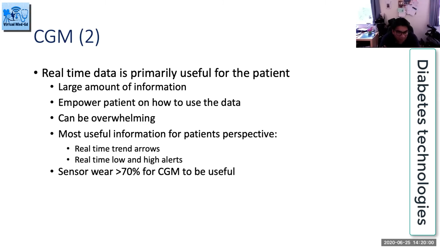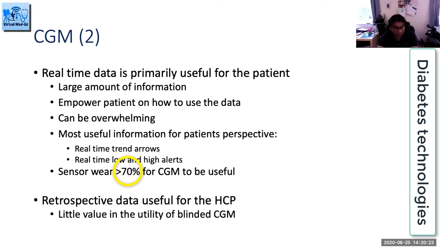Ultimately, the CGM data is only useful if you're using it more than 70% of the time. If you're using it less than that, the data carries less weight, so it's pointless. So you really want to encourage patients to use CGM more than 70% of the time, so that the data carries weight.